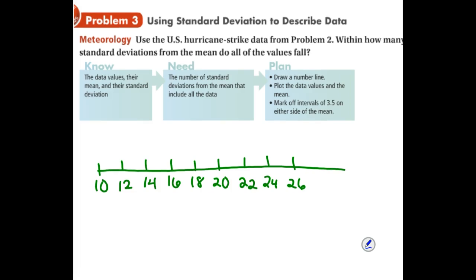All right, so go to our list. Our first number is a 19. 19 would be halfway between 18 and 20. We're going to put a little X there.